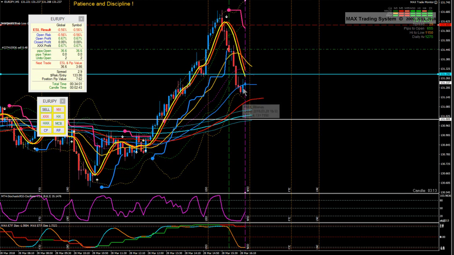And so here we are in a pullback. That pullback will possibly give me an exit setup. We have to wait for this candle to close now to see if this bar will be an exit setup. Perhaps yes, perhaps not. It depends. So we still have plenty of time. But we need to be patient and disciplined. If you want to exploit a trend, you need to develop the courage to stay in the trade as long as possible.